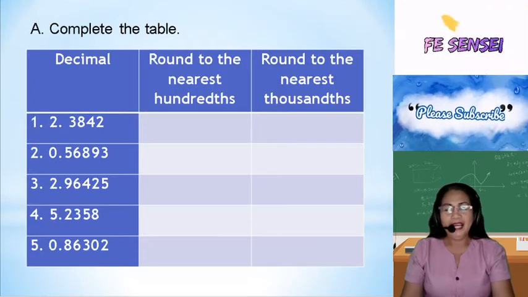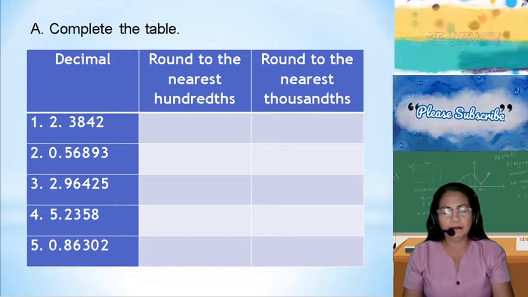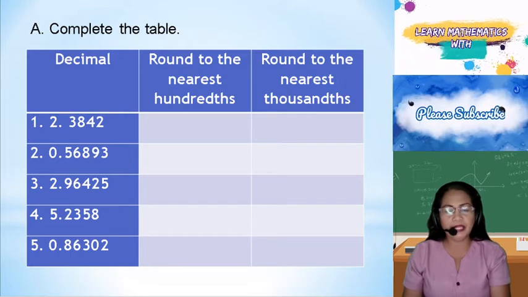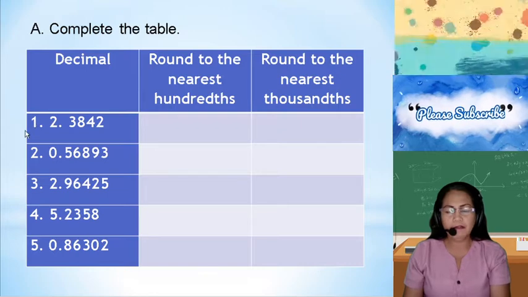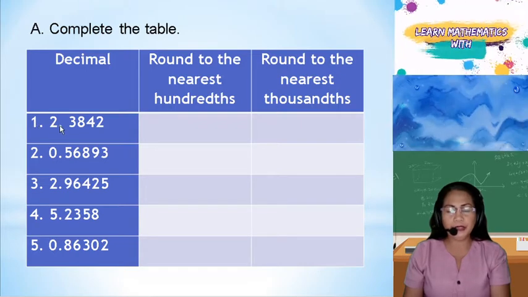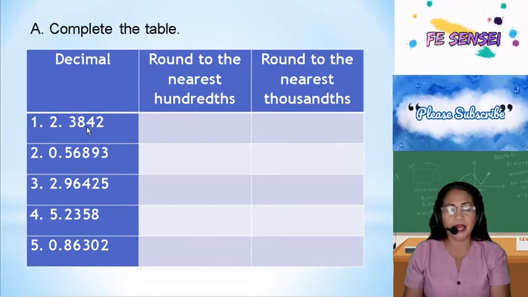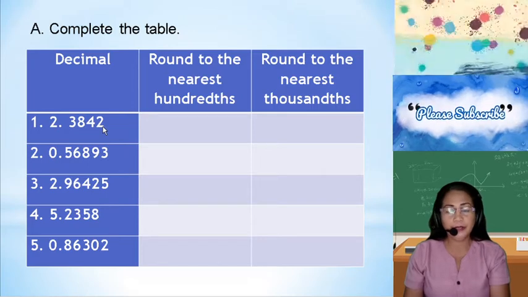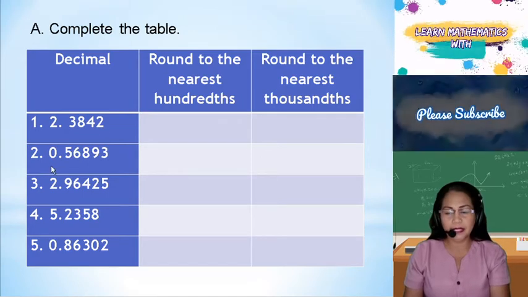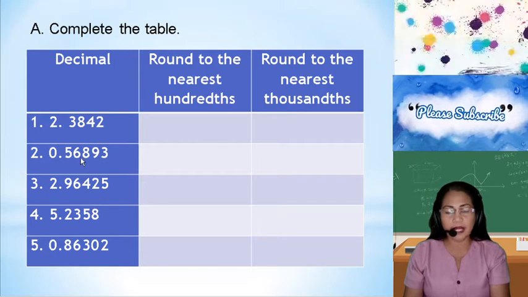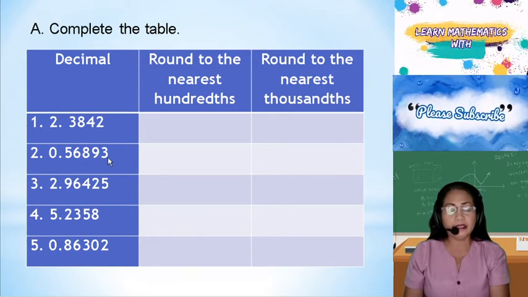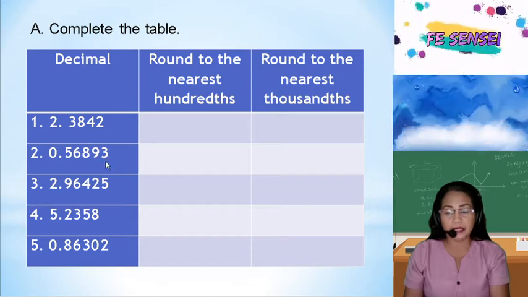Okay, now let's complete the table. We're going to round to the nearest hundredths and round to the nearest thousandths. For number 1, the number is 2 and 3,842 ten thousandths. Number 2, 56,893 hundred thousandths.